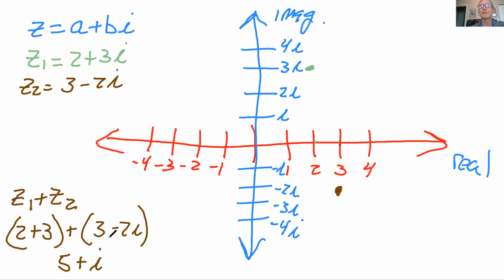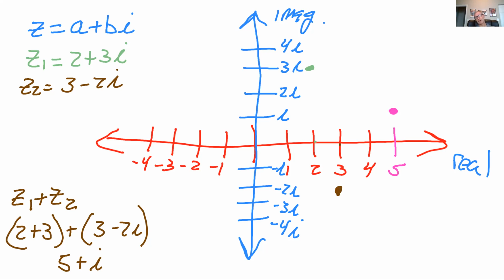And let's graph that one, say, in this pink. So that would be 5. So we need one more here. And then i would be right here. So adding, subtracting, you'll see that we're going to definitely do it in the Cartesian style representation of a complex number.